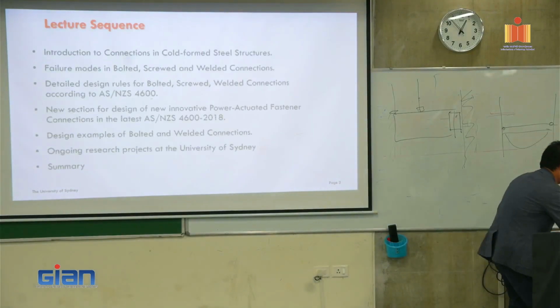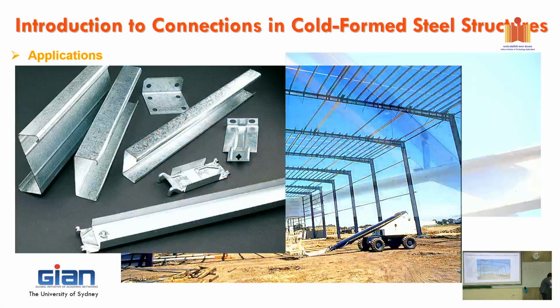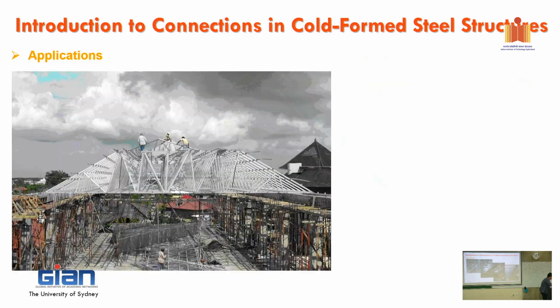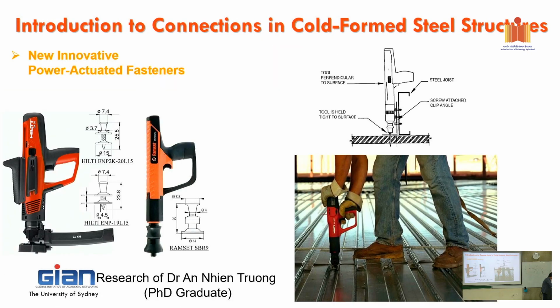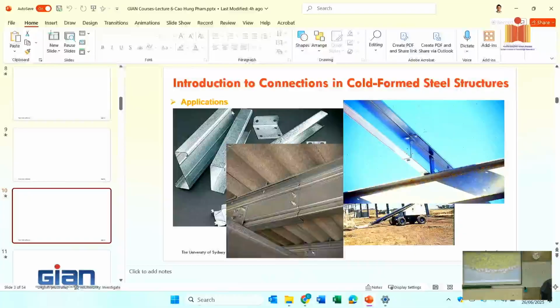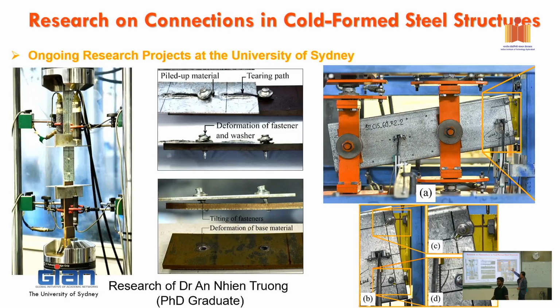Okay, the last slide. Here we start to get to the problem a little bit more complicated, where we consider connections subjected to rotation and shear, and then we come up with some model to design for that.